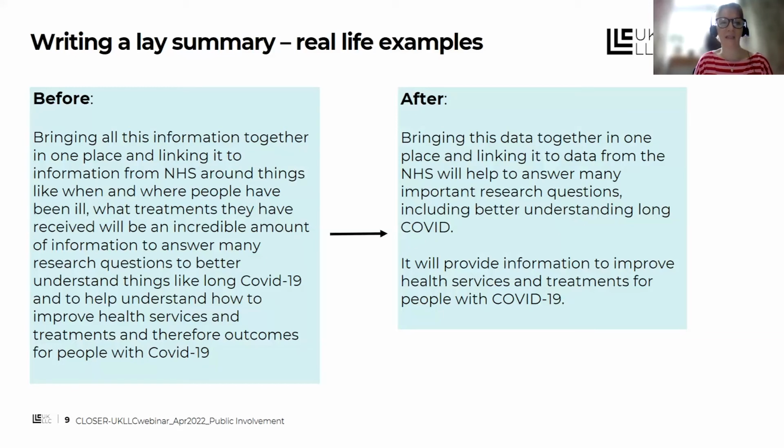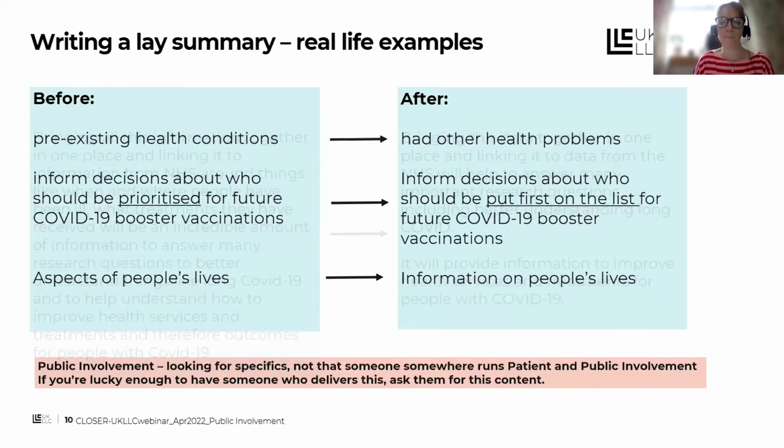So you can see on the left here, the before, it's one big chunky paragraph with a little bit of information in there about what the project is all about. And then afterwards, it's about splitting things up into more manageable chunks for people to read and making the language more straightforward. I have a couple of examples here.